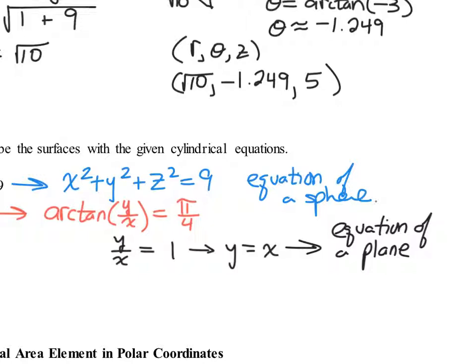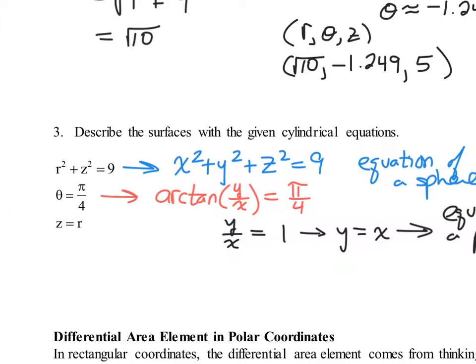All right? The last one, z equals r. I could say z is equal to the square root of x squared plus y squared.